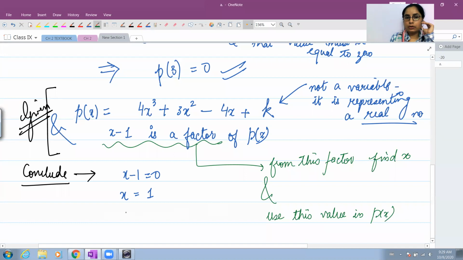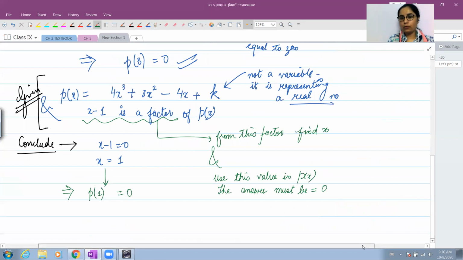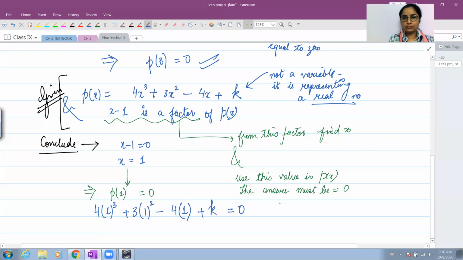And if I use this value in px, that would mean P1. This is what I can conclude. So that would mean this is what I'll get. And just help me do this. Help me replace the value of x in px given to me. So I'll have 4 into 1 cubed plus 3 into 1 squared minus 4 into 1 plus k.